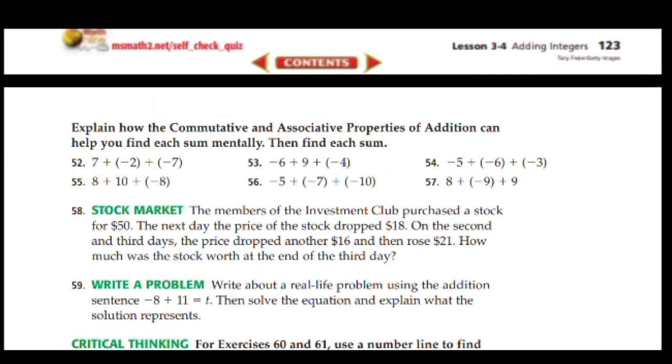Negative 5 plus negative 6 plus negative 3. 55. 8 plus 10 plus negative 8. 56. Negative 5 plus negative 7 plus negative 10. 57. 8 plus negative 9 plus negative 9.